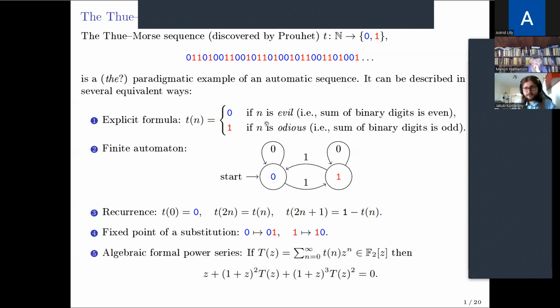And you can also think about it from the point of view of algebra. Namely, if you construct a corresponding formal power series over F2, then it turns out that this formal power series satisfies some nice algebraic relation. And all of those points, except for the first one, are special cases of a general characterization of automatic sequences.